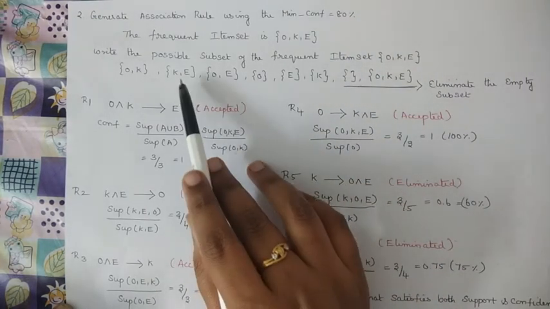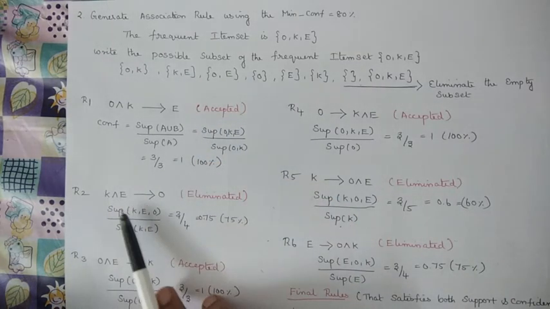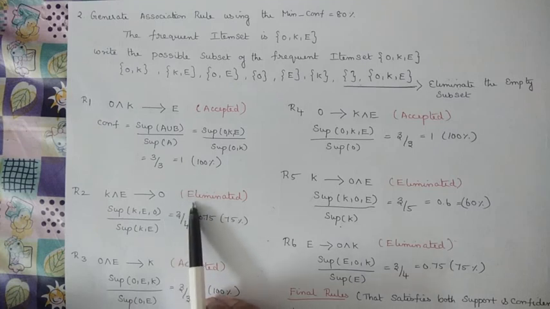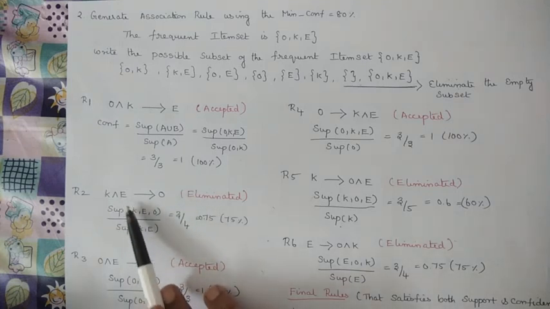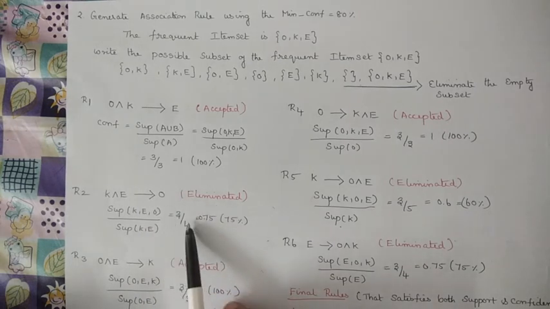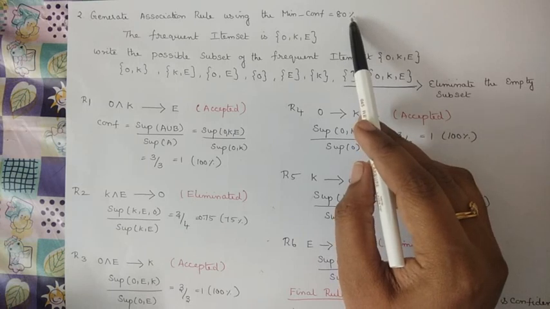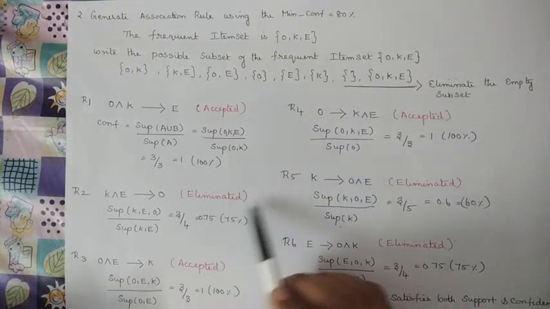I am moving on with the next one, rule 2. I am taking KE. K and E implies O. In the same way, support of KEO divided by support of KE. Taking the count, it is 0.75, which is less than the minimum confidence of 80%, so I am eliminating this rule.